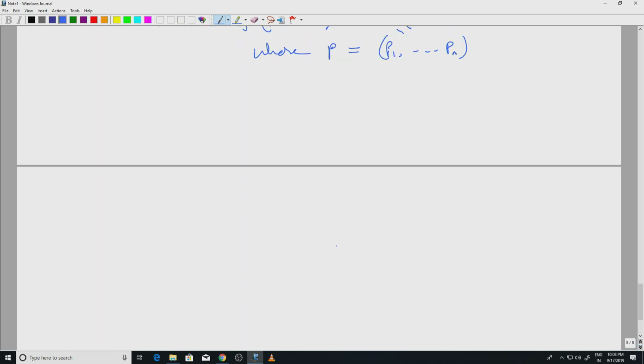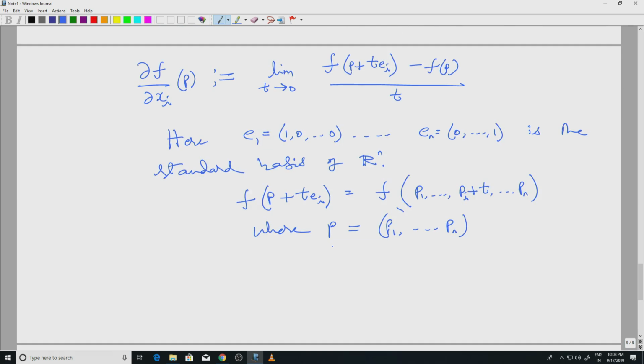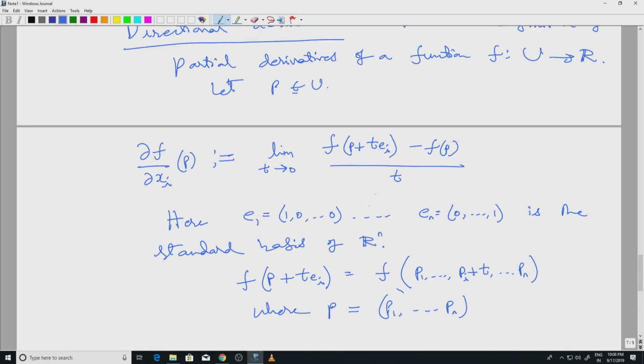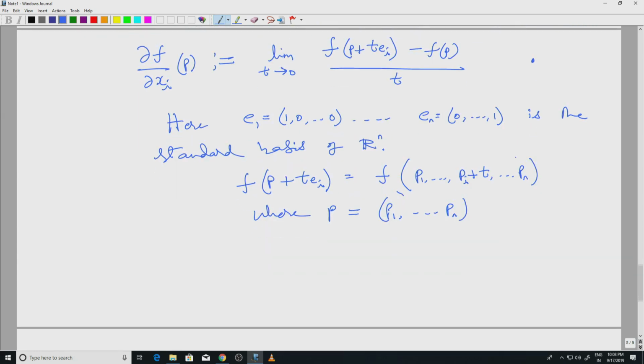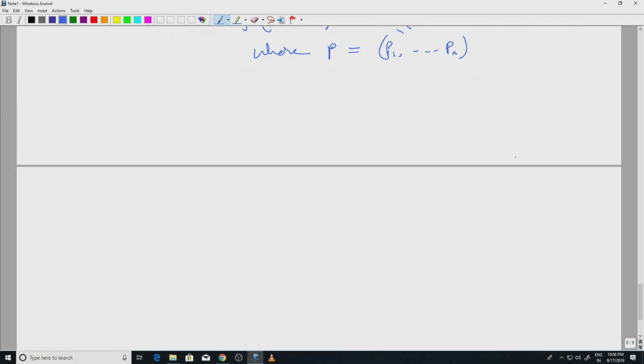But what I would like to point out is that if I write it in this form, I can easily generalize; there is nothing special about this ei. Now let's take any vector v in Rn.